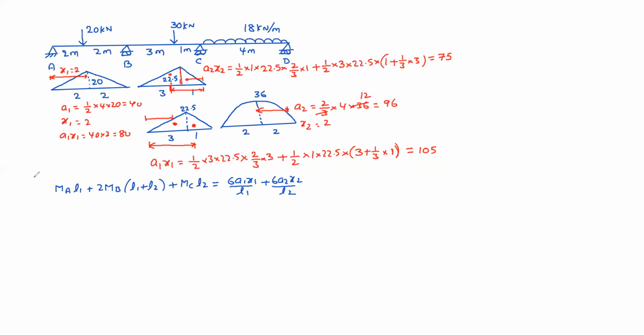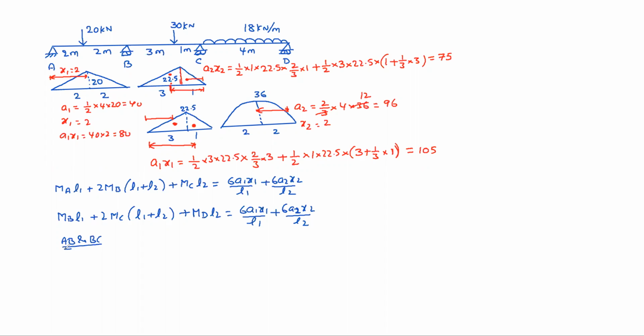And next, one more equation: MB L1 plus 2MC (L1 plus L2) plus MD L2 equals 6 A1 x1 by L1 plus 6 A2 x2 by L2. So first AB and BC spans.